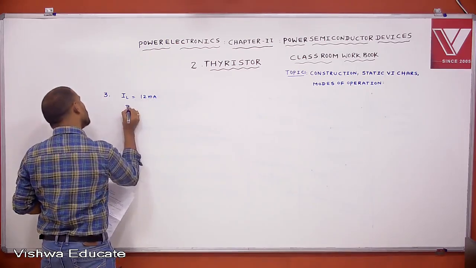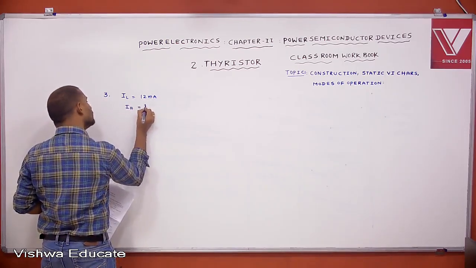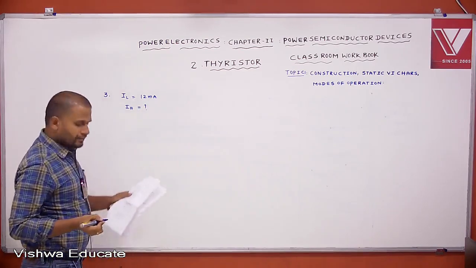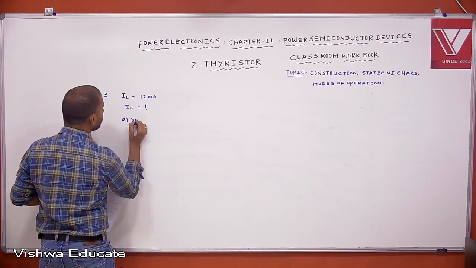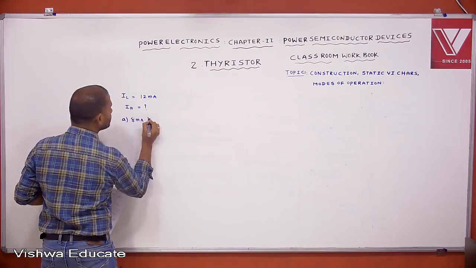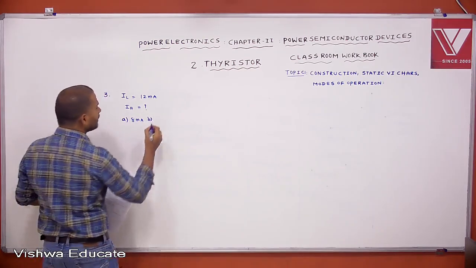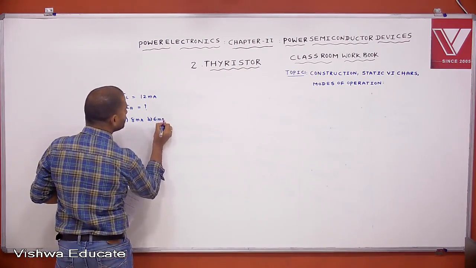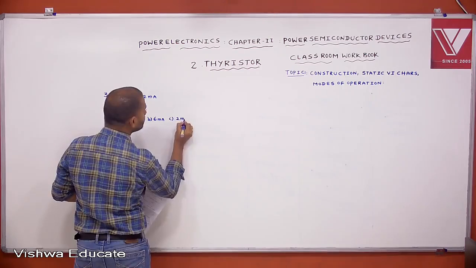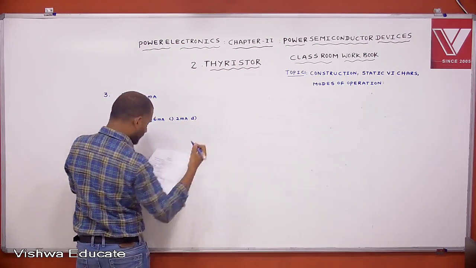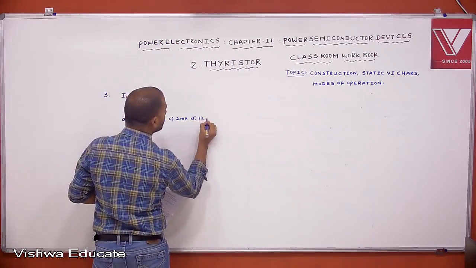Then what is its holding current? This is how the question is framed. What is given in the options? Option A 8 milliampere. Option B 6 milliampere. Option C 2 milliampere. Option D 12 milliampere.